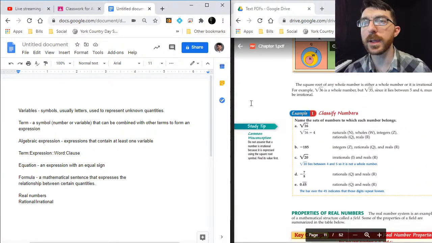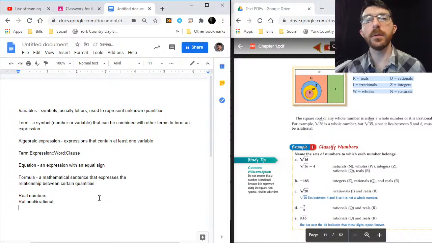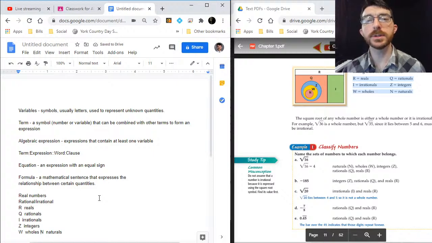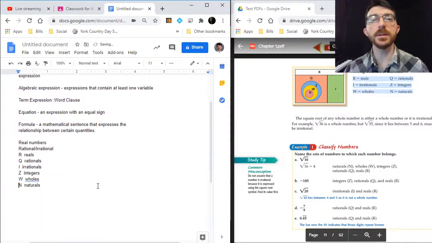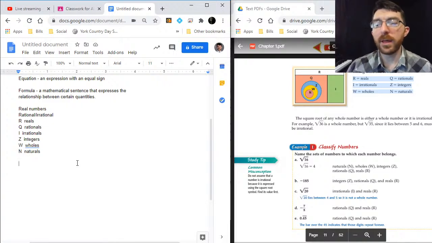Okay, so I guess I can take this just because I want that notation. R are the reals, Q are the rationals. Man, it is really strange having Z be integers when you use it for complex numbers later. Come on, math, get your act together.